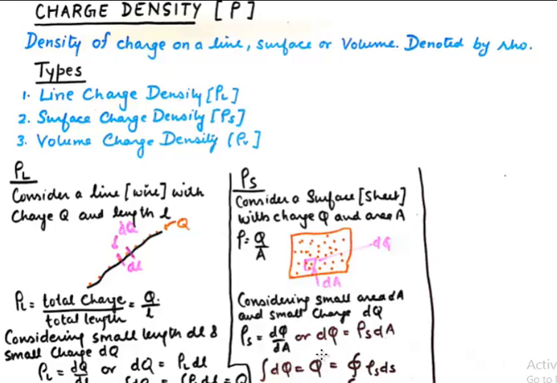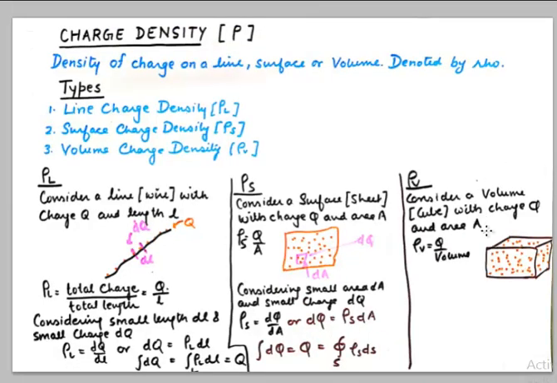Integration of dQ will give me the total charge, which is what we are looking for right now. So total charge in terms of charge density becomes rho S dS, surface integral. So very important format, and by this time you'll be comfortable in calculating rho V.